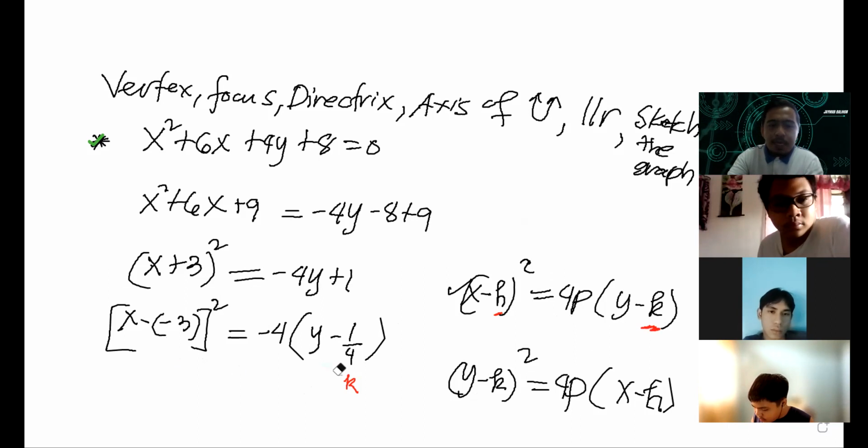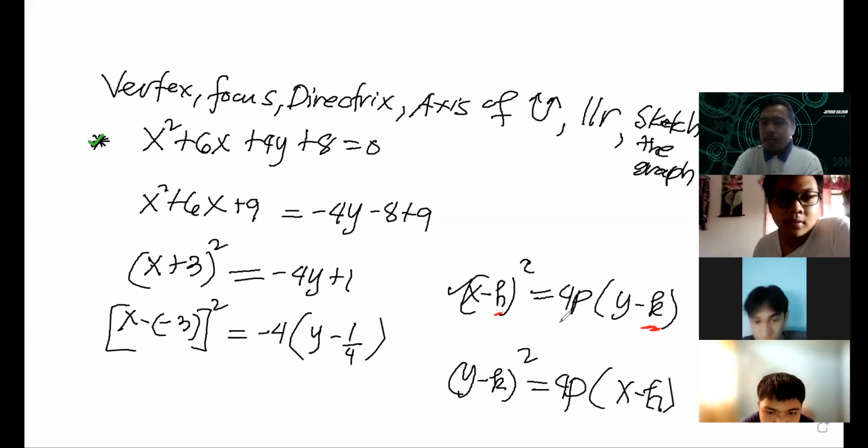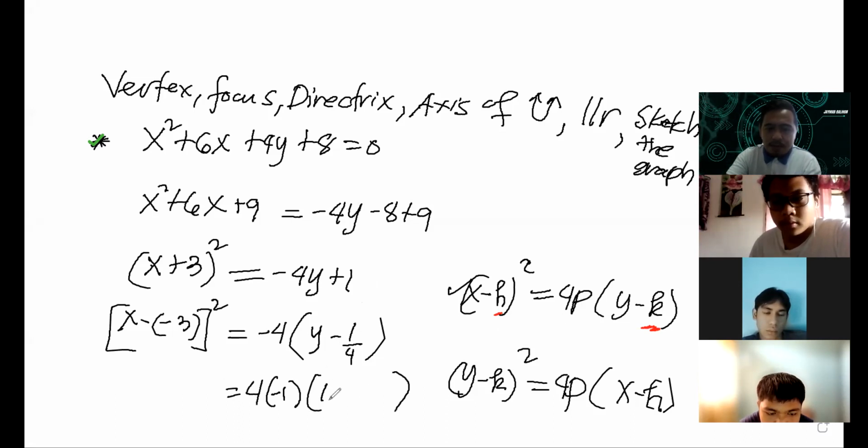We don't have the p yet. So to find p, we should rewrite this portion here into 4p. And how to do that? We can rewrite this -4 into 4 times -1. Do you agree with me?